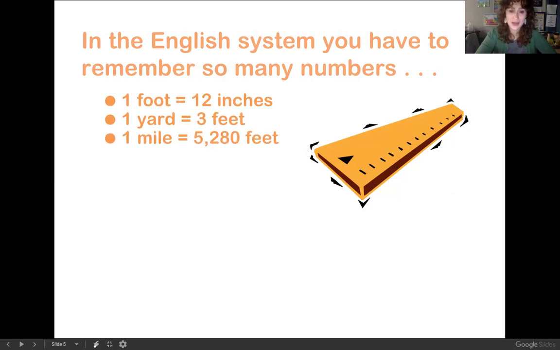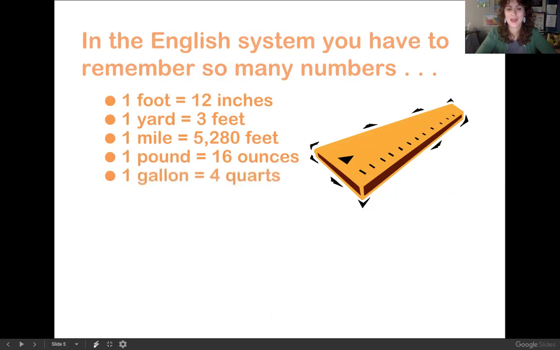And we also use miles, which have 5,280 feet in them. Try remembering that number, I can't. We use pounds to measure weight or mass, which have 16 ounces in them. And then we use gallons to measure volume, which have 4 quarts in them. So these unit conversions are all very different and hard to remember and confusing.